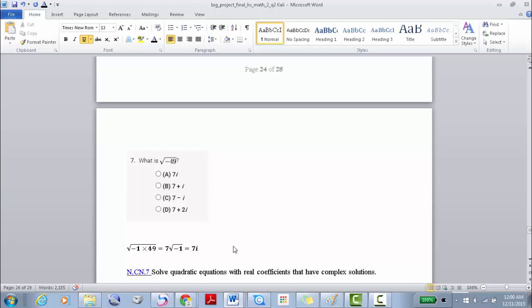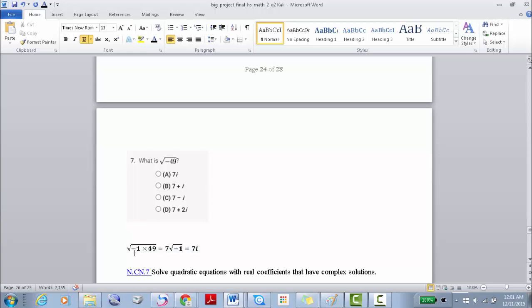As we know, we cannot find the square root of a negative number, because when a number is multiplied by itself, -7 times -7 is 49, and 7 times 7 is 49. So this is why we're going to use i, the imaginary number.